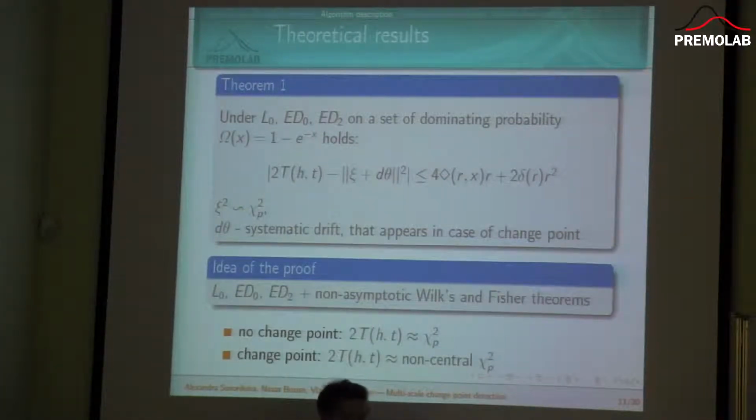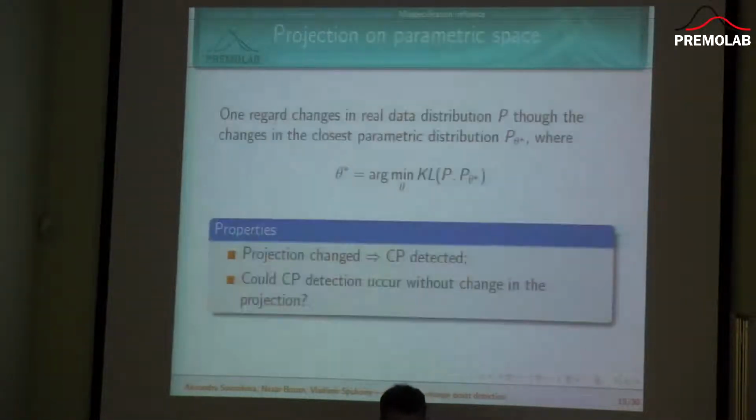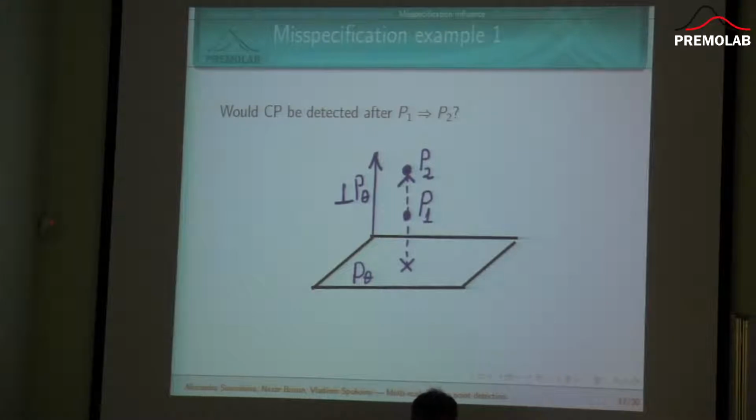So if we didn't change theta, this component, designated by delta d theta, will be 0. Under this condition, if d theta is 0, will we detect a change point? Probably not, but in some cases we can detect.